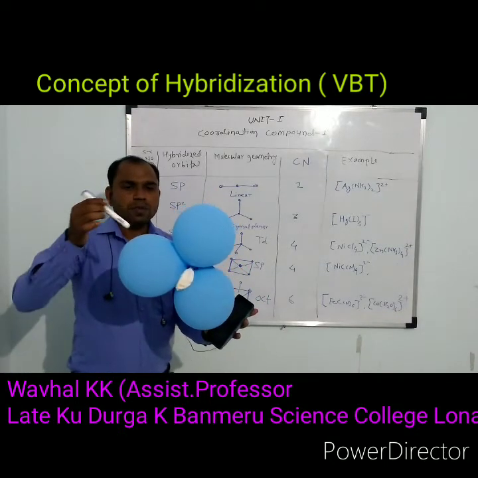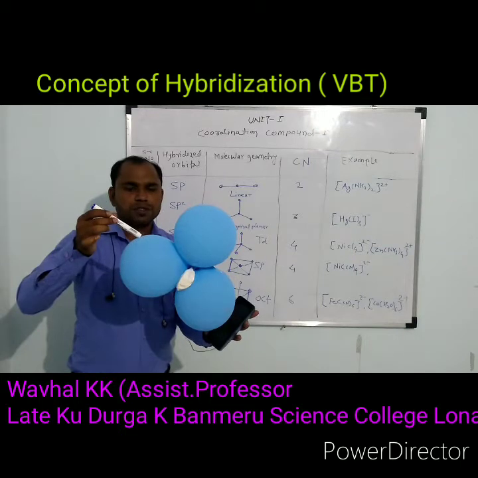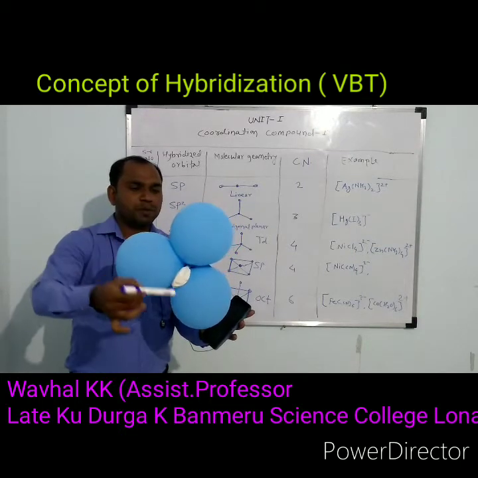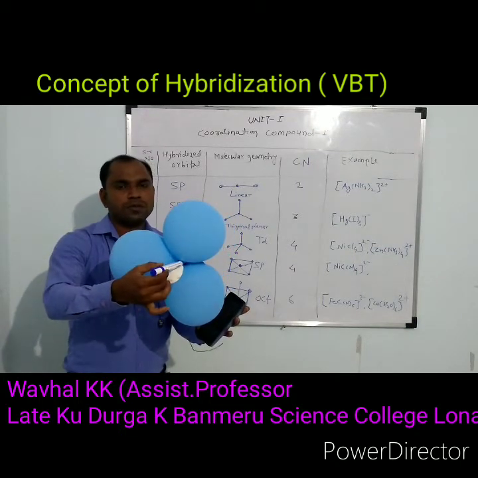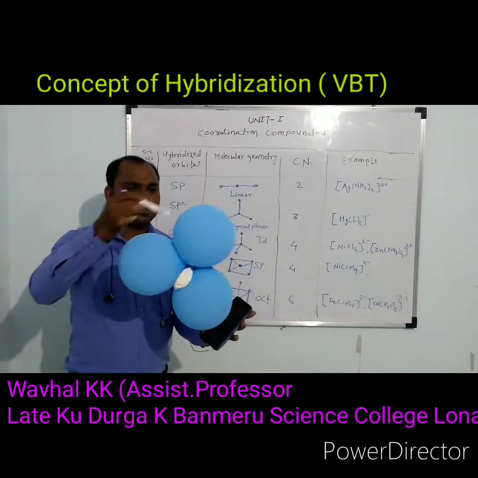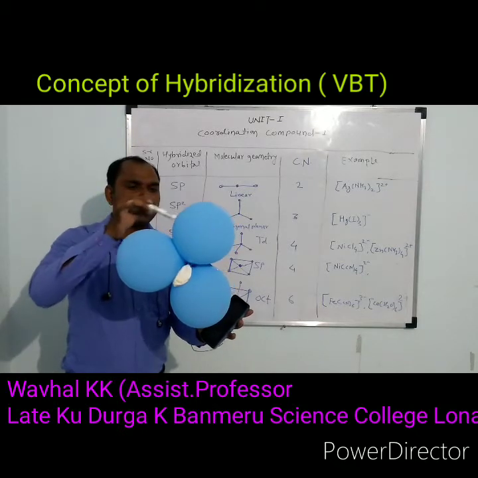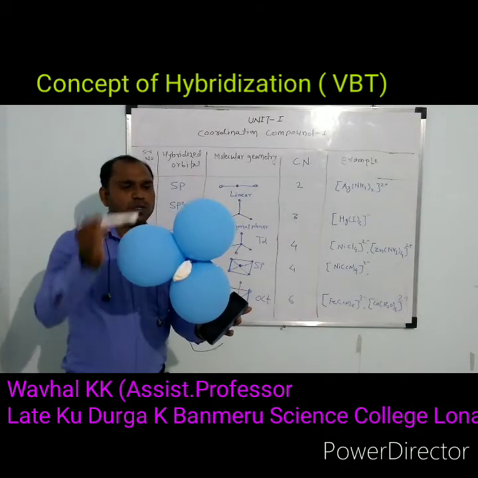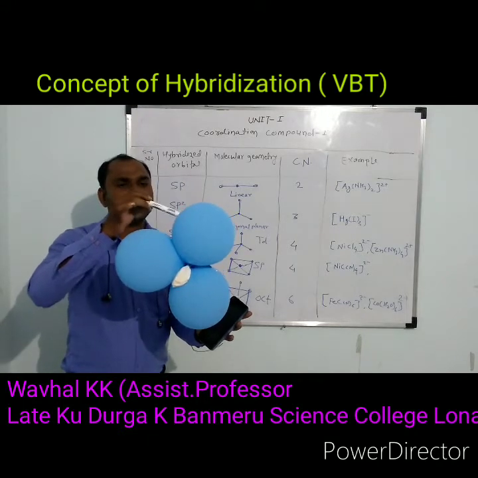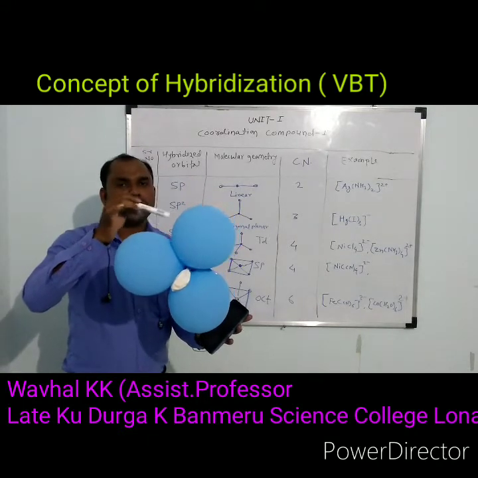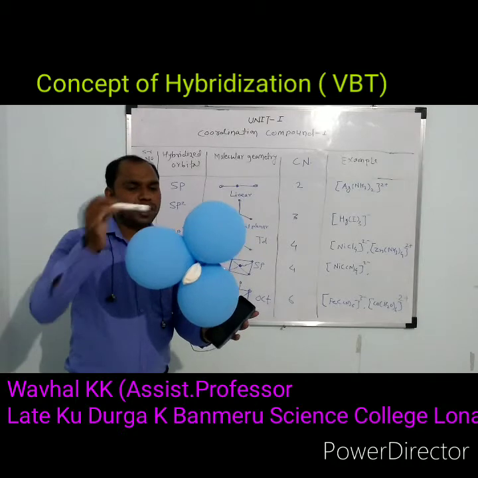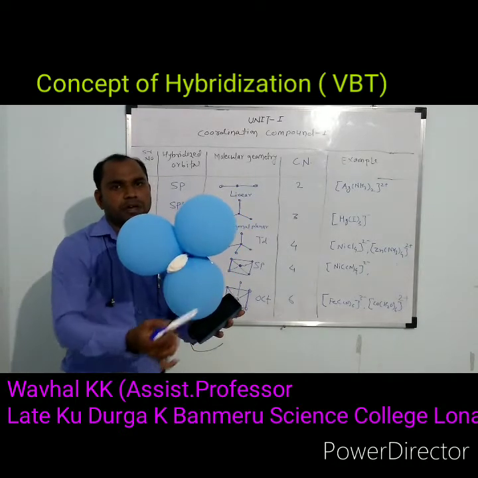Here is one s orbital, then a p orbital and a p orbital, and here is the center of the orbital. Then this geometry occurs, and the bond angle between these is 120 degrees. 120 angle, 120 angle, and 120 angle.